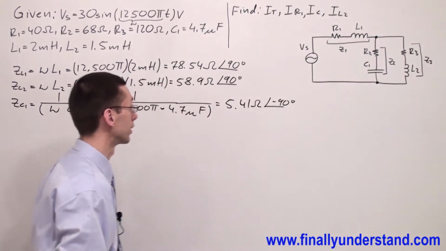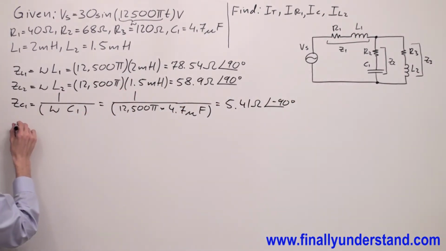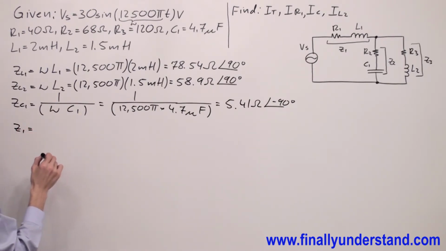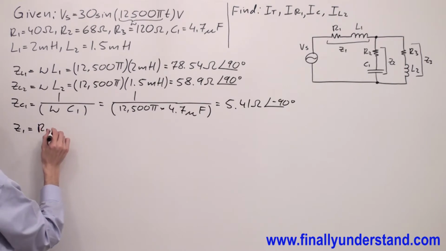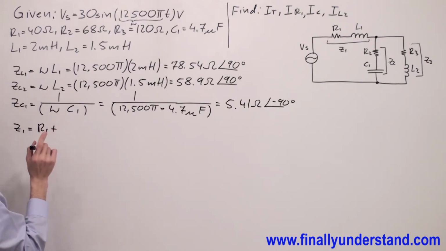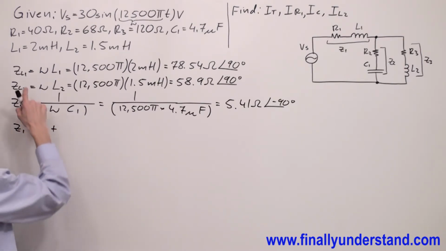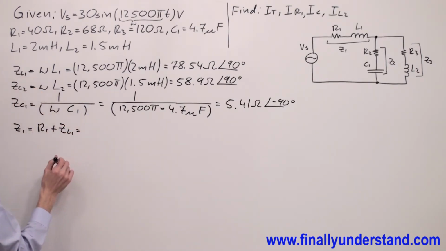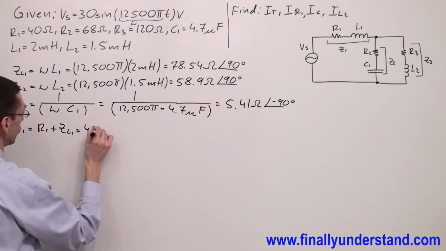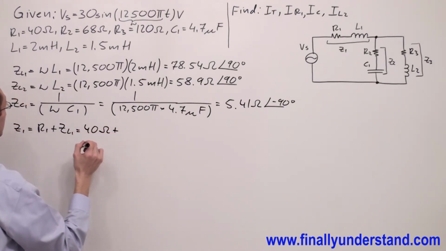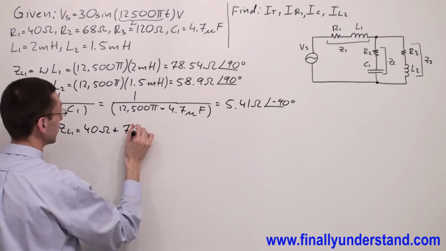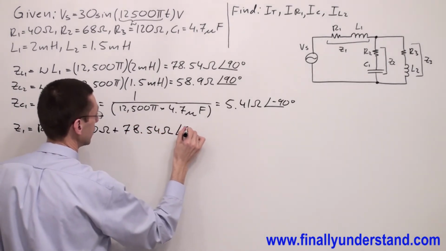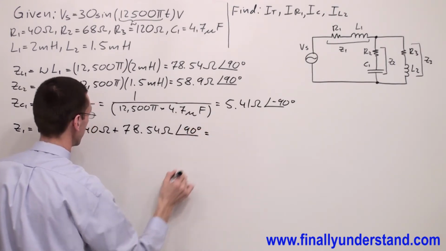Okay, so let's continue. We have to find first Z1. Z1 is equal to R1 plus the impedance of the inductor L1, ZL1, which is equal to R1 40 ohms plus ZL1 78.54 ohms and angle of 90 degrees.